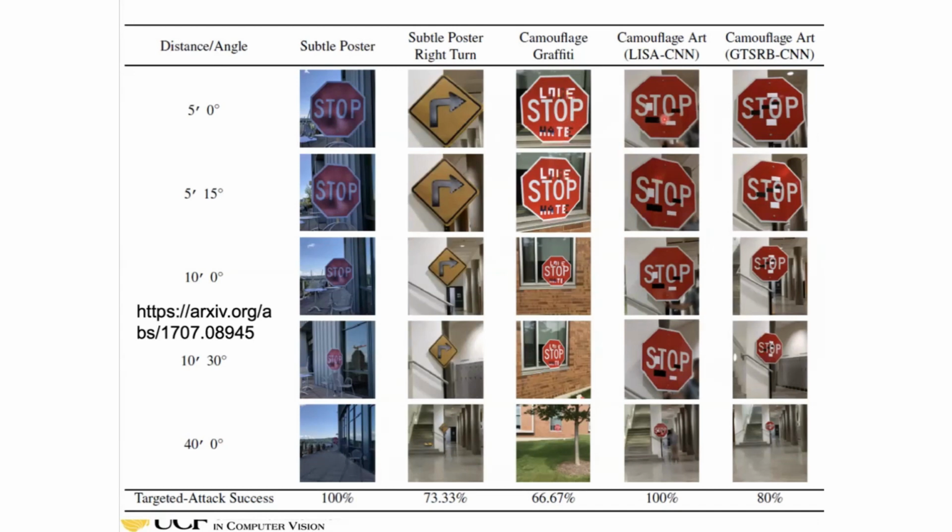And different art printed on the sign. And this may look random, like a graffiti, people just writing some words on it, but this is actually carefully designed as one type of adversarial attack to make the machine learning model fail to recognize this is a stop sign, okay?